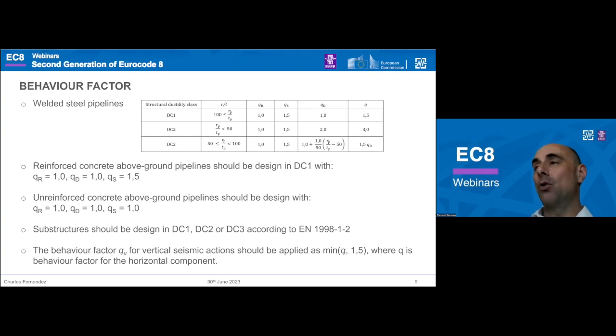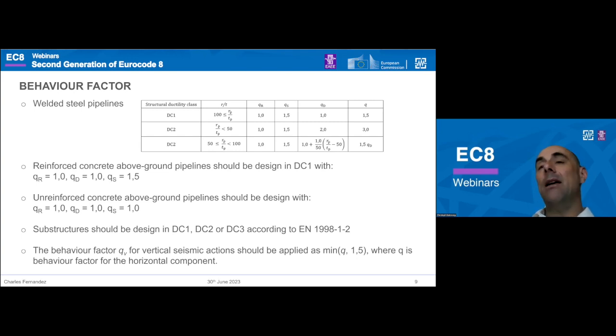We have a different combination of behavior factors as defined in part 1.1. So this is QR for load redistribution, then QS for overstrength, and ductility QD. In the end, we will come up with Q factors between 1.5 and 3, depending on some geometrical parameters.